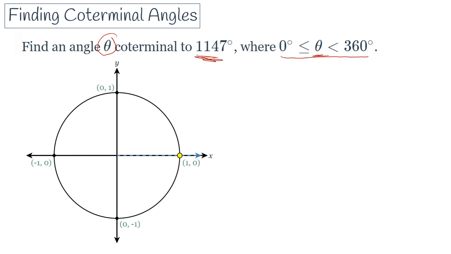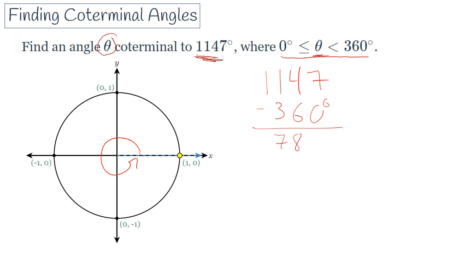It's pretty straightforward. You just start with that number, and every time you go around the circle, that's 360 degrees, so you just subtract off 360 degrees. If you subtract 360 from 1,147, you get 787 degrees.